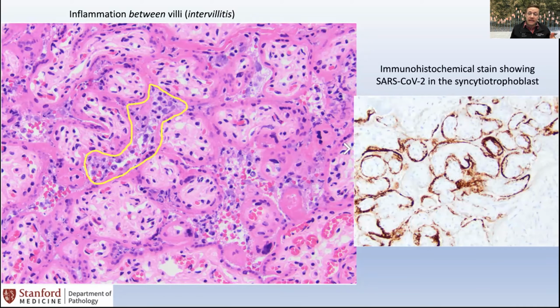So this would be what a COVID placentitis or COVID intervillositis would look like. And it would trigger us to do the immunohistochemical stains to confirm that there's a presence of SARS-CoV-2 virus in the placenta. And so that's all the different types of things we are able to detect when we're looking at chronic inflammation or chronic villitis.